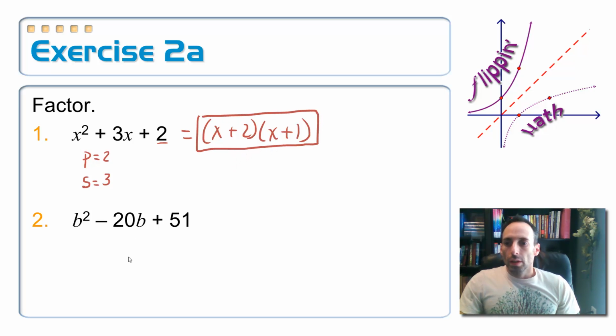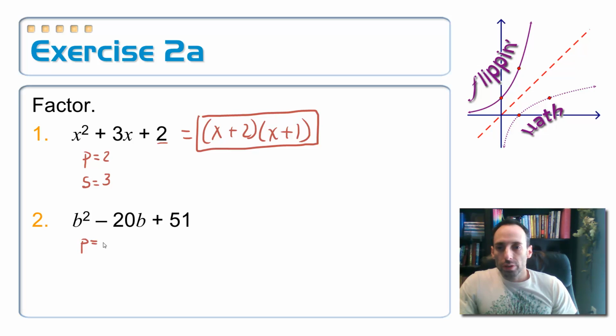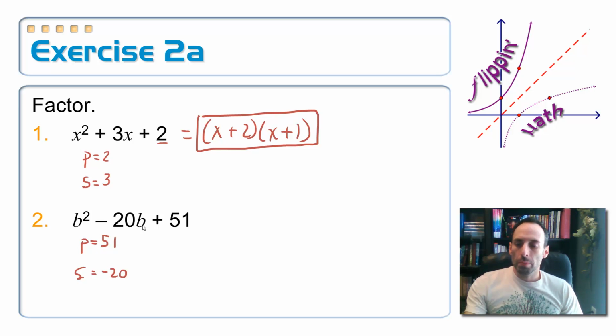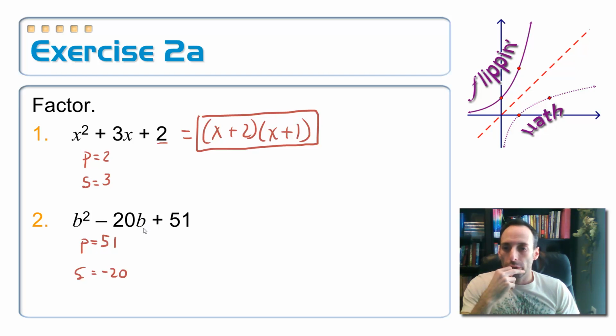On number 2, b squared minus 20b plus 51. My product is going to be a positive 51, and my sum is going to be a negative 20. So two things that multiply up to 51 and add up to negative 20.